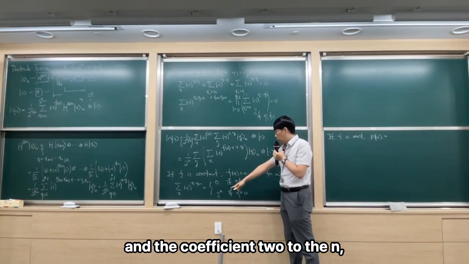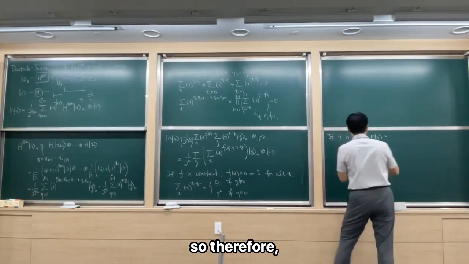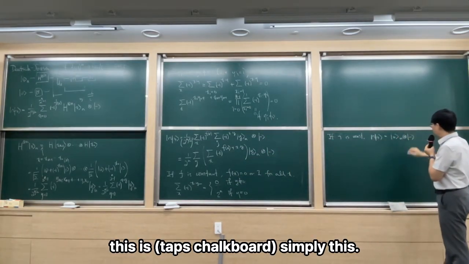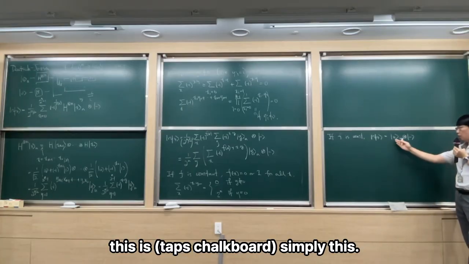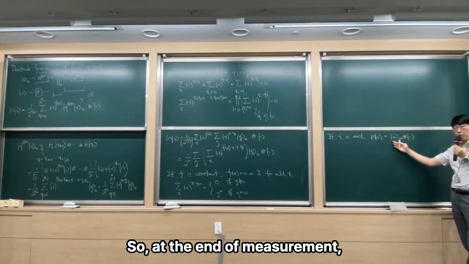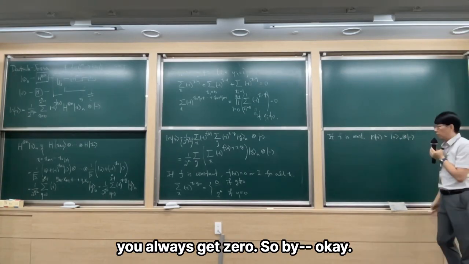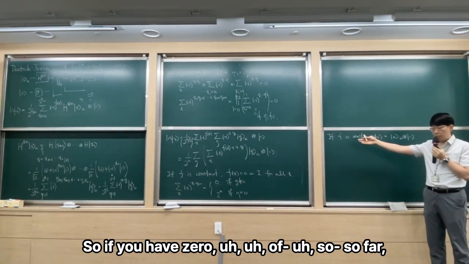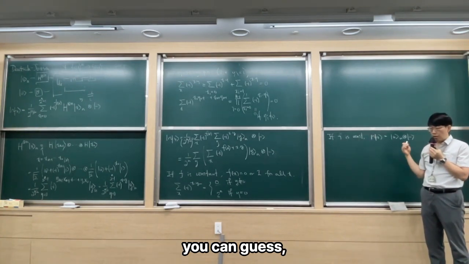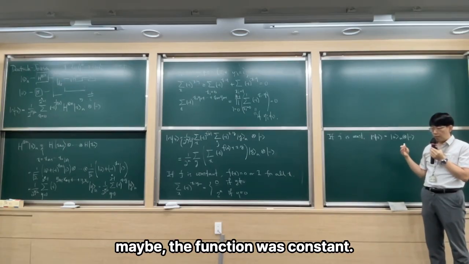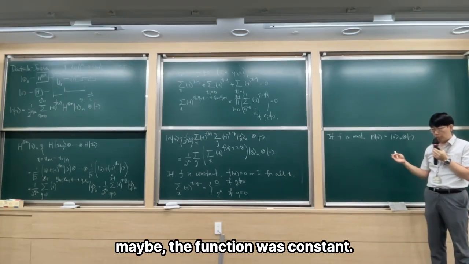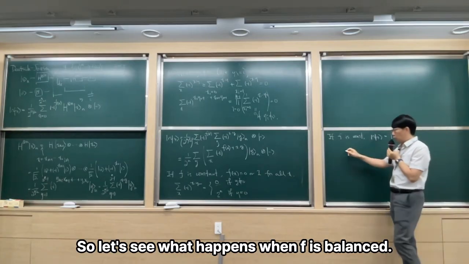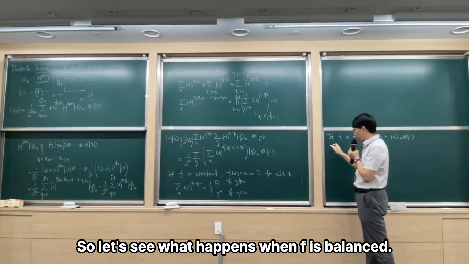And the coefficient is 2 to the n, so therefore this is simply this. So at the end of measurement, you always get 0. So if you get 0, so far you can guess maybe the function was constant, but it's not necessary. It's a sufficient condition. So let's see what happens when f is balanced.